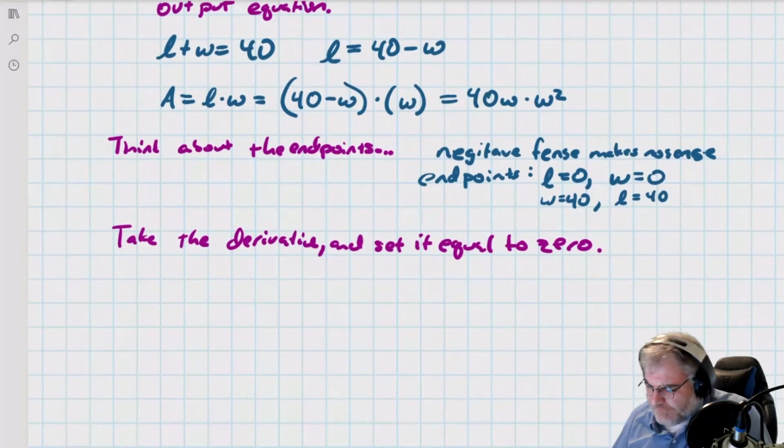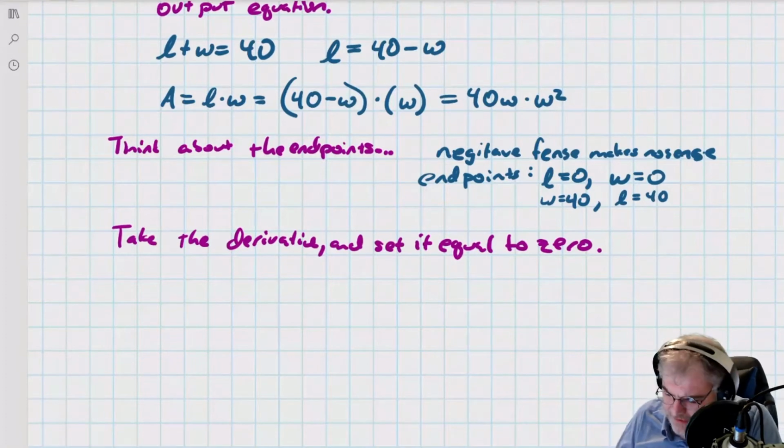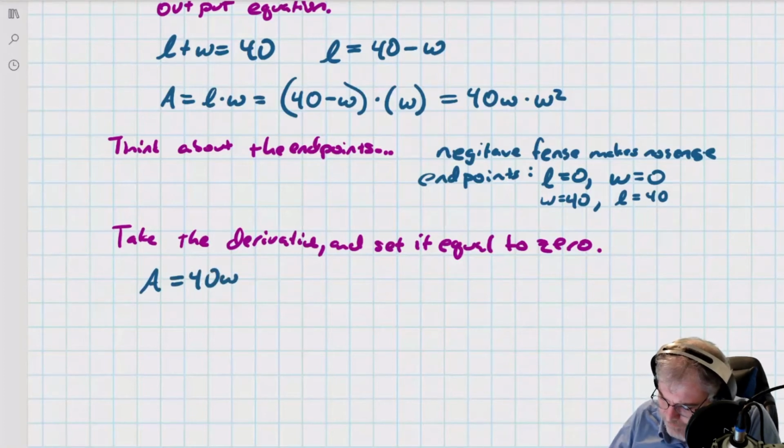Now I take the derivative, I set it equal to 0, and I solve for my critical values. So here I've got A equals 40W minus W squared. Sorry about that, I can't do math tonight, apparently.